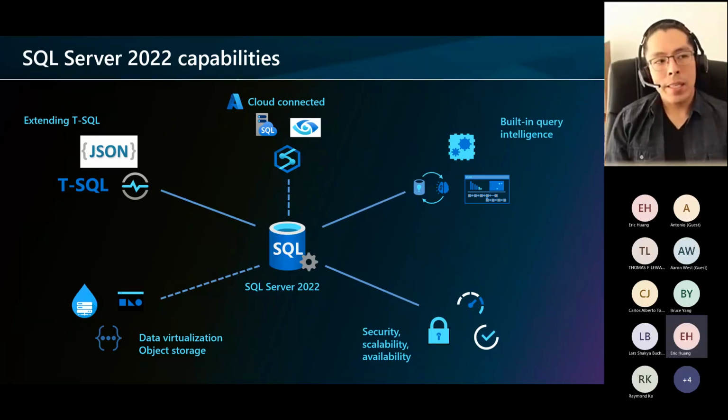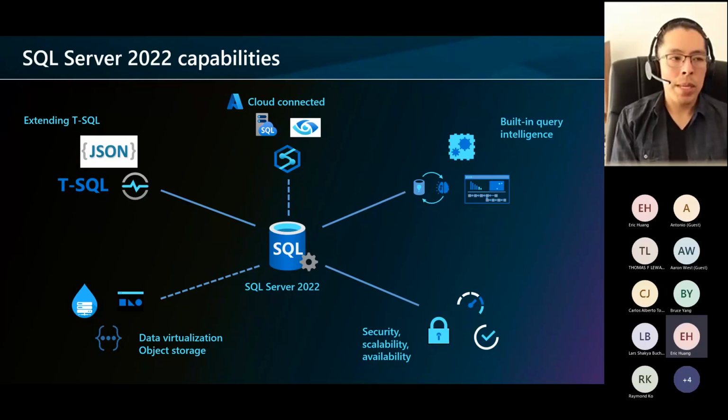That's why this concept is called cloud connected, because we hope that SQL Server is going to have the capabilities to work not only on premises, but being really close to Azure.